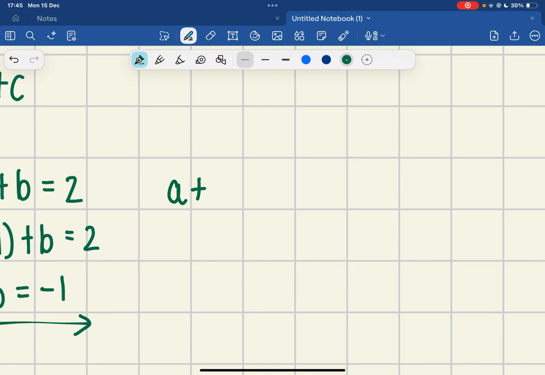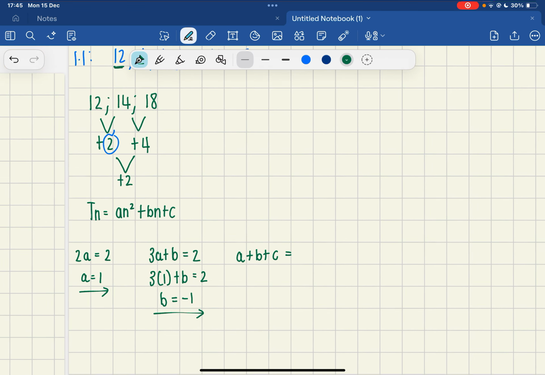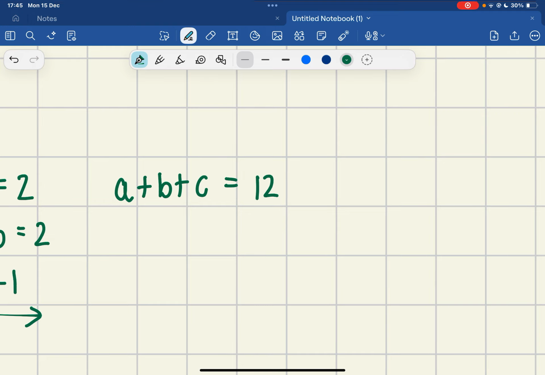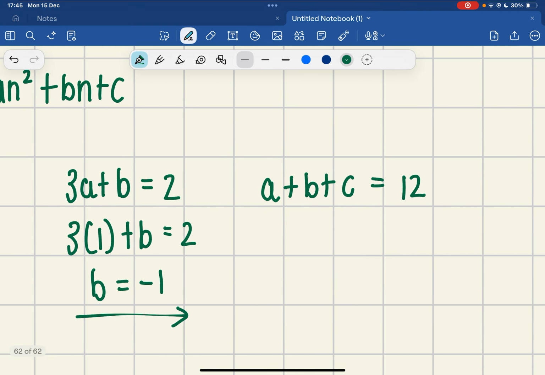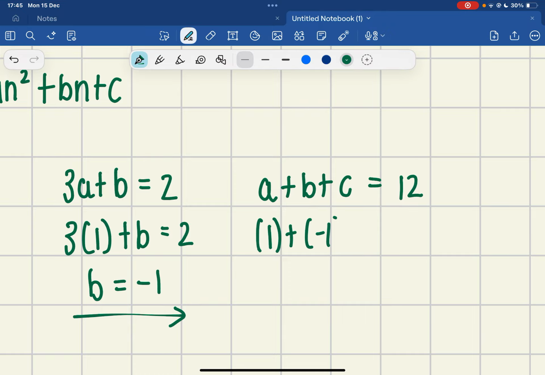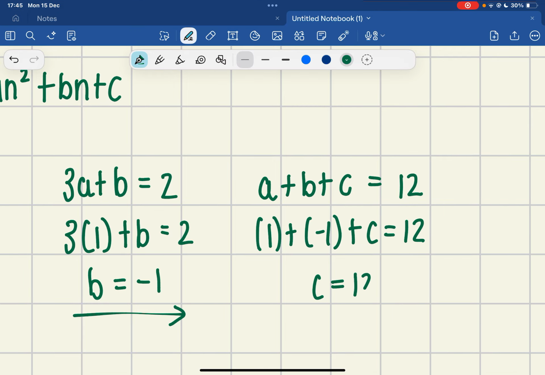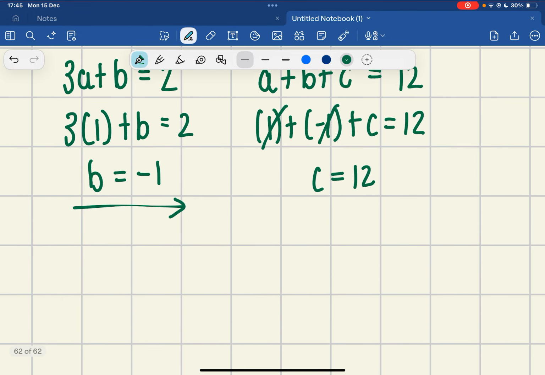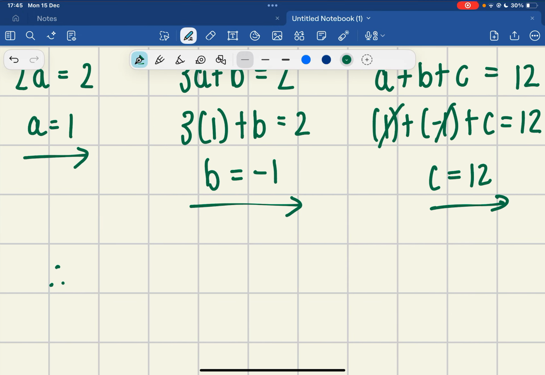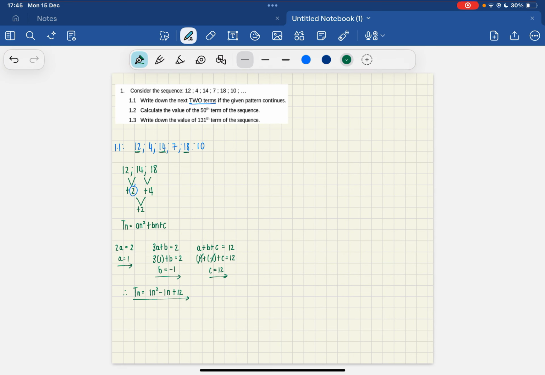Now, a plus b plus c is equal to the first term, which is 12. Therefore, 1 plus negative 1 plus c is equal to 12. Therefore, c is equal to 12 because these two cancel each other out. Therefore, our T of n is equal to 1n squared minus 1n plus 12 for the quadratic.